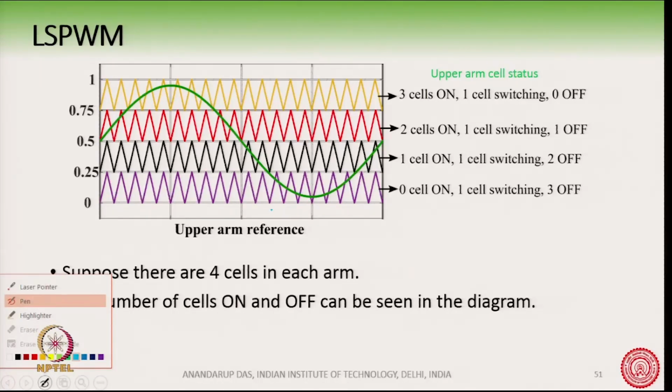It will be turned on, and here it will be turned off, and again turned on and then turned off, like this. This is one cell. I am following the logic that if the modulating wave is more than the carrier, then the switch, or the cell, is turned on.